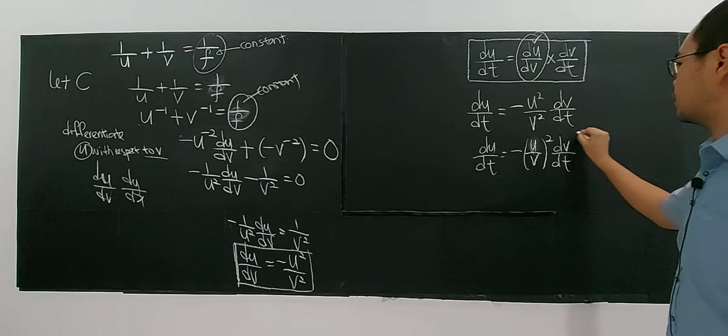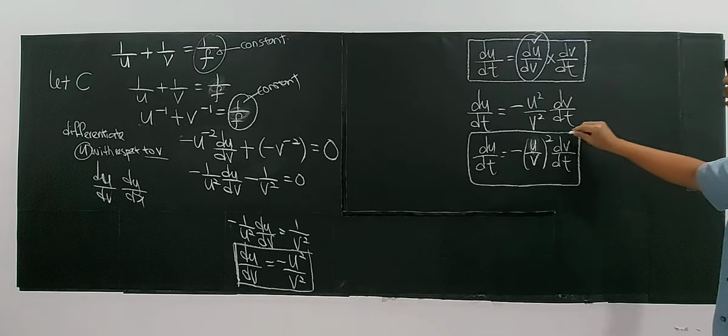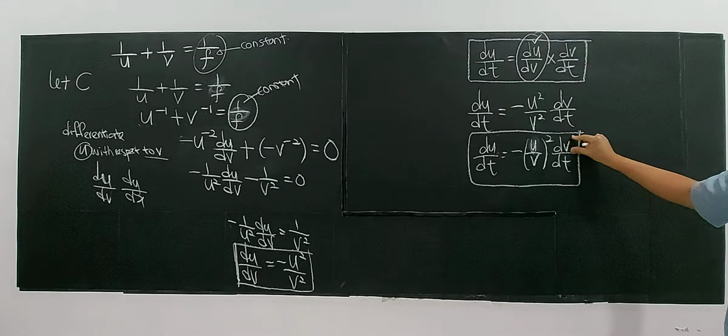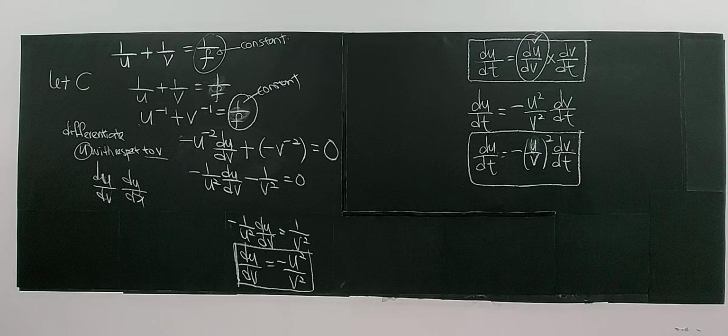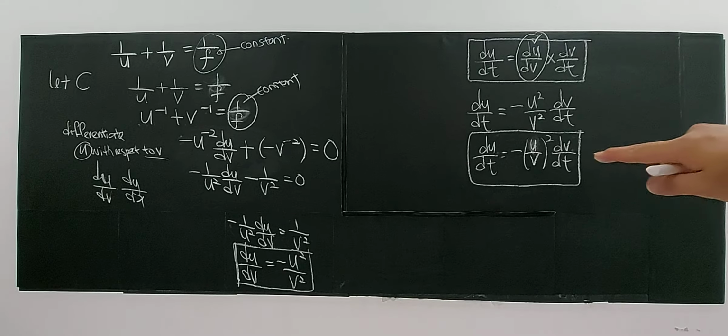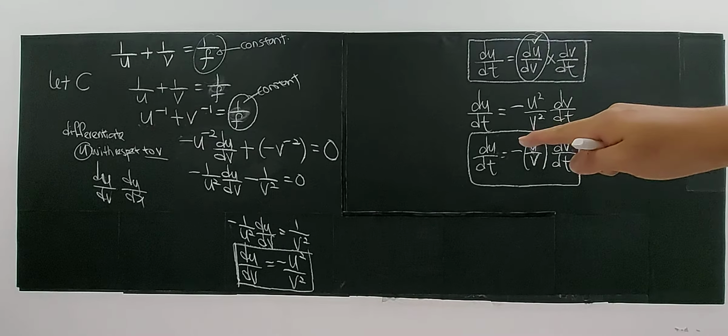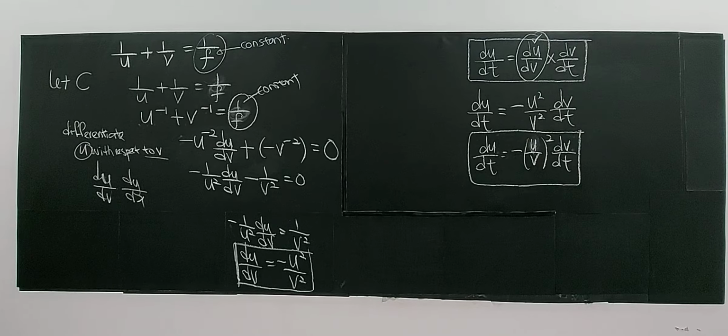Then I have generated the formula that relates the rate of change of u to v, right? So du dt is negative u over v squared dv dt. As the question mentioned, you must have du dt, dv dt, and u and v. So this is the relationship here.